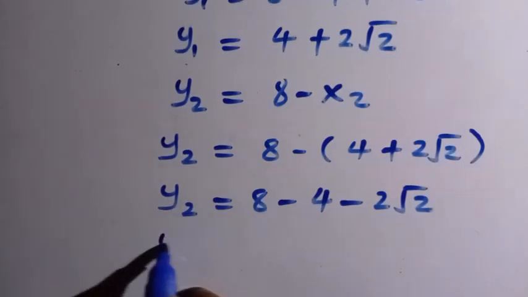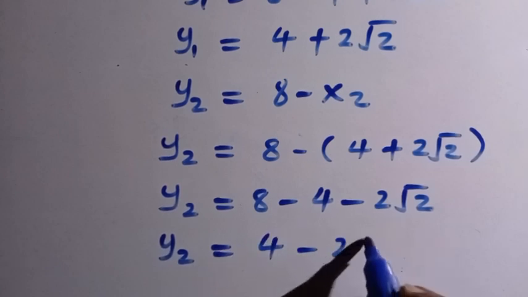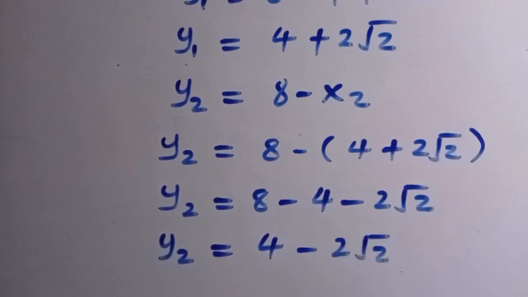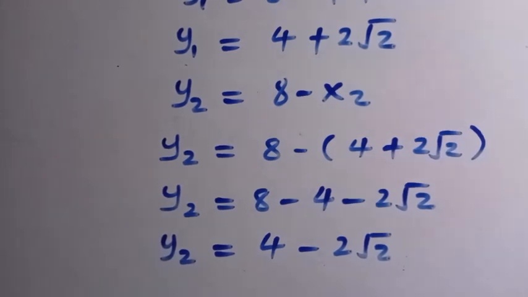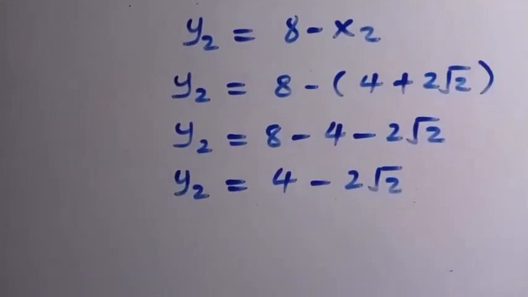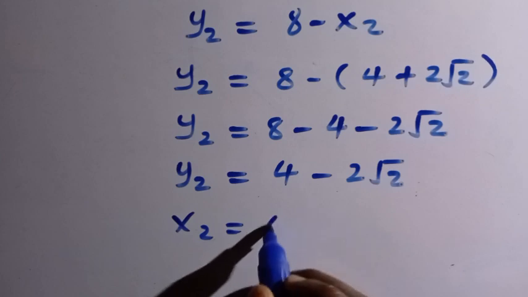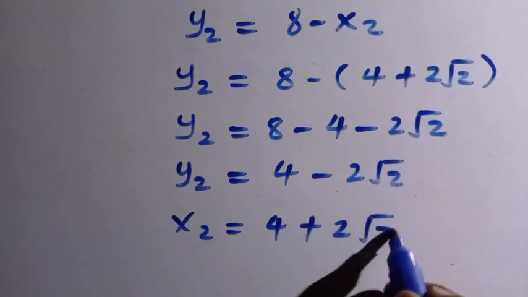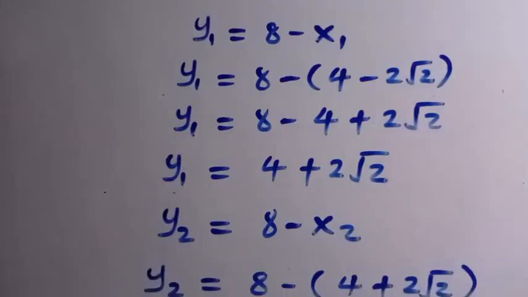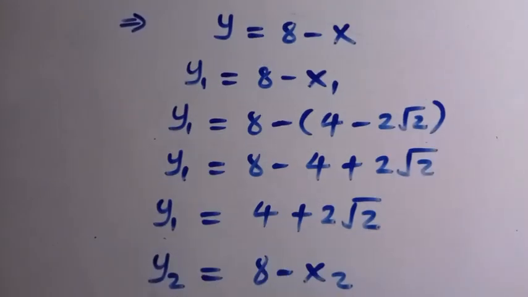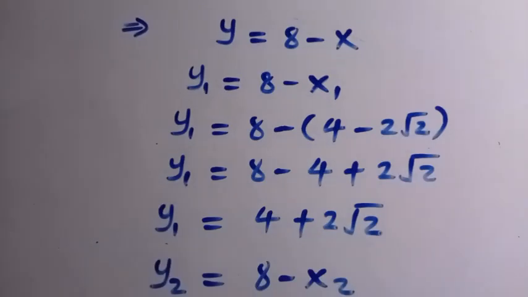So we have y2 equals 4 minus 2 root 2. So this is the value of y2, as we got the value of x2 as well. When we bring them together, x2 equals 4 plus 2 root 2, so they are opposite to each other. As when we consider y1 with x1, we see that they are also opposite to each other. So this is how to solve this.